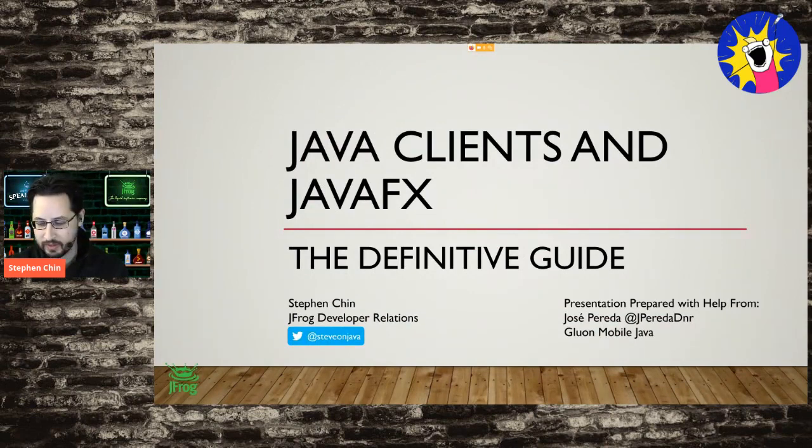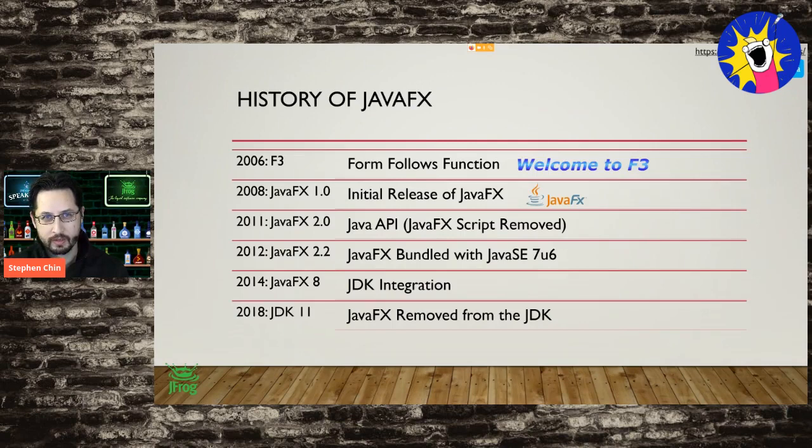And let's start from the beginning of where all this technology came from. So JavaFX actually dates back to 2006 with a platform called Form Follows Function. This was developed by Christopher Oliver, and it was the early stages of JavaFX. It had a scripting language, which was kind of JavaScript-esque.